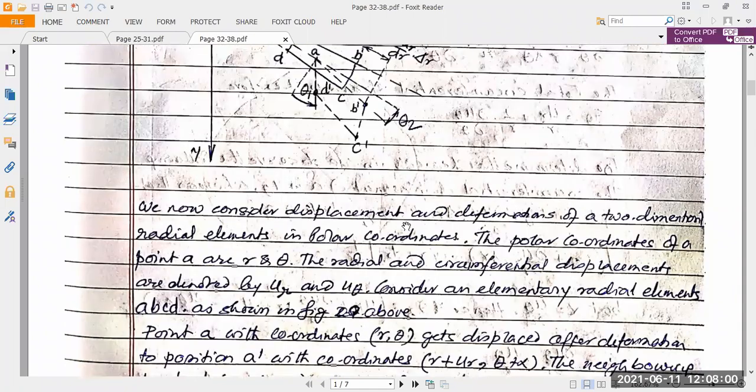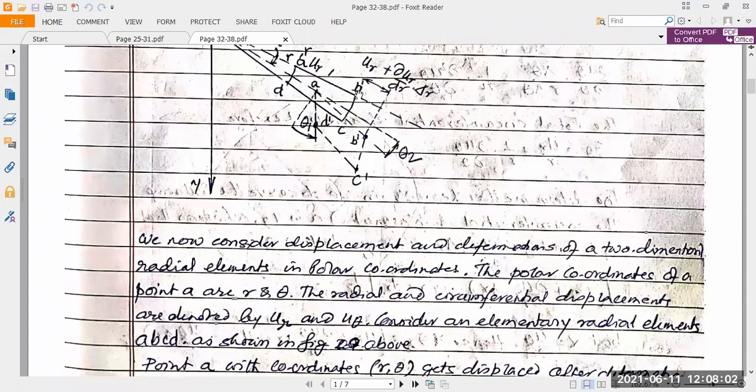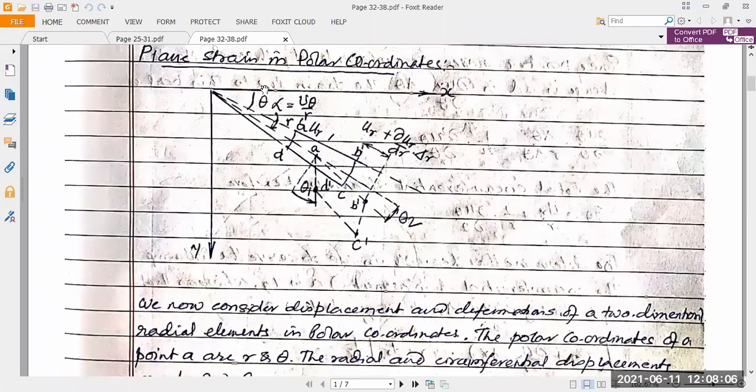Here, the neighboring point is P. Theta remains the same for the neighboring point A. This is A, and this is A dash. The neighboring point A is supposed to have the same displacement, so it remains the same.